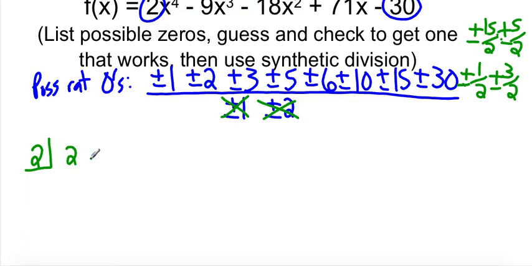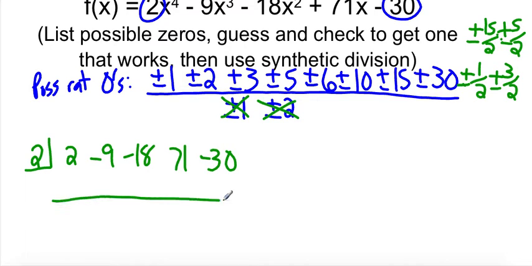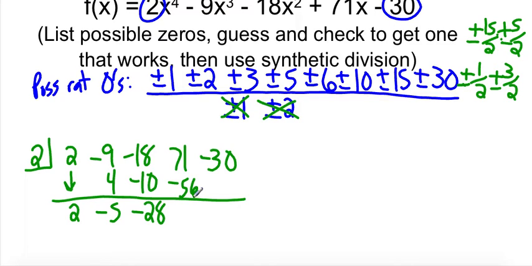So 2, negative 9, negative 18, 71, and negative 30. And remember, I just did guess and check to find this. Okay, so 2, 4, negative 5, negative 10, negative 28, negative 56, that 15? Let's hope so. 30 and 0. Fantastic.